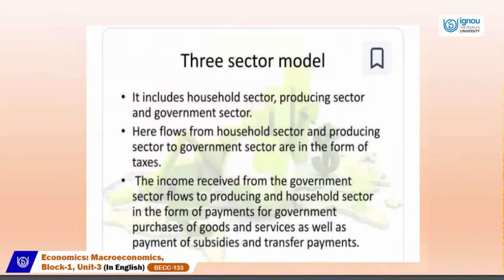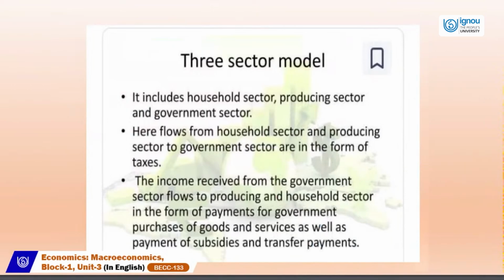So when we talk about the government sector, the role of the government sector in this particular model is to collect taxes from households and from businesses or firms. When they collect the taxes, the revenue or income received by the government is used for public services.